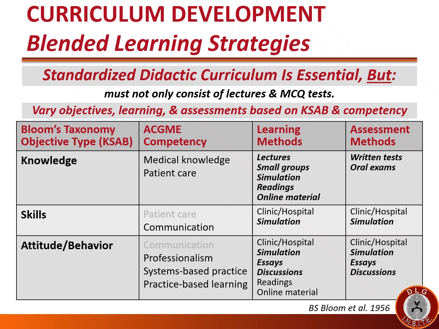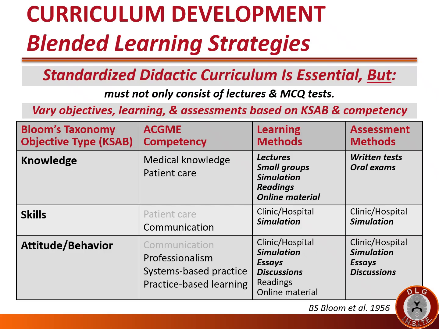On this slide, we have a table of Bloom's taxonomy objective type on the left, corresponding to the ACGME competency, learning methods, and assessment methods. So on the left, we have KSAB. Knowledge is an objective type. In the ACGME competency, this corresponds to medical knowledge and patient care.